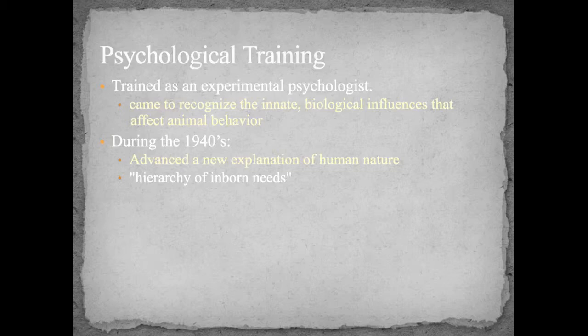So he wanted to go from the animal world to humans. In the 1940s, Maslow steadily advanced a new explanation of human nature. This is when he developed the hierarchy of inborn needs. It's the foundation to his radical theory of motivation.